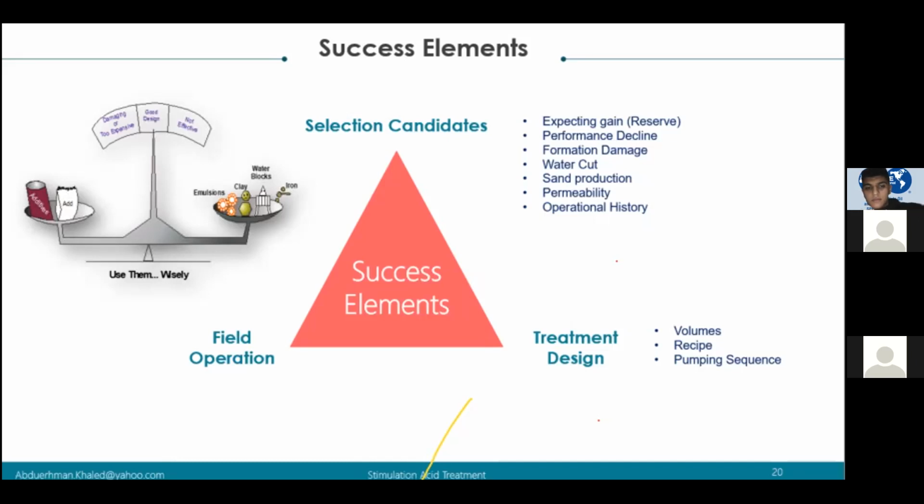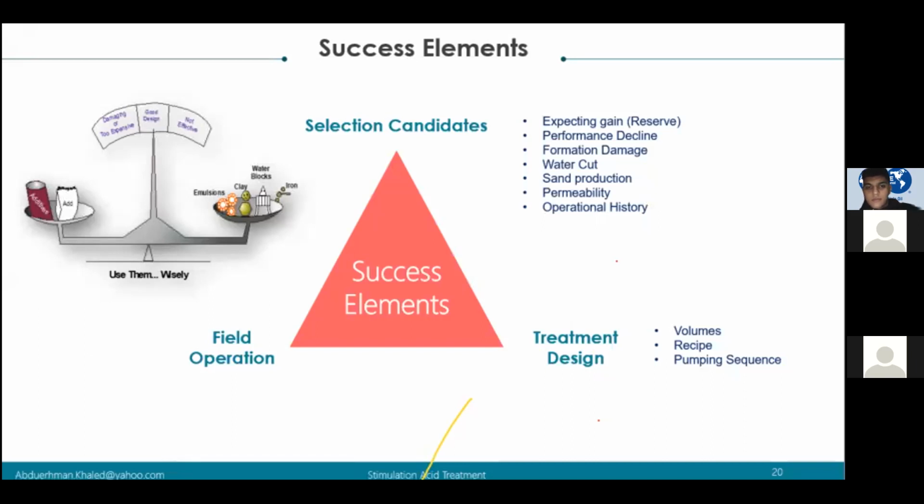The recipe includes all the acid additives. And this is actually one of the trickiest points in this topic, or in acid stimulation. Technically speaking, this is exactly the main reason why you select different companies, because what are the additives that any service company can provide?